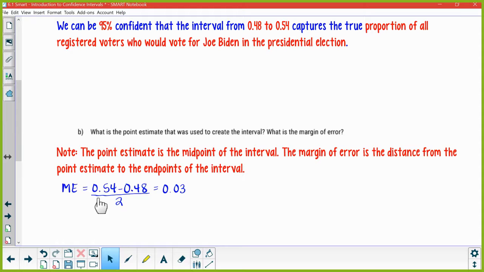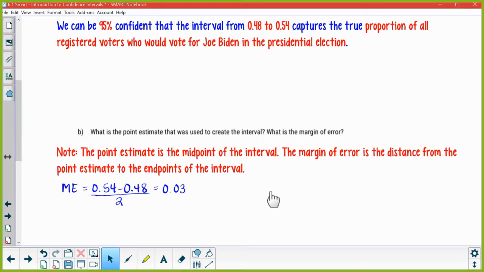So I took the length of the interval and halved it, because that should be my margin of error. That should be the distance that takes me to the center of my interval. So upper bound minus lower bound all over 2 takes me to my midpoint distance. So 0.03 is my margin of error.